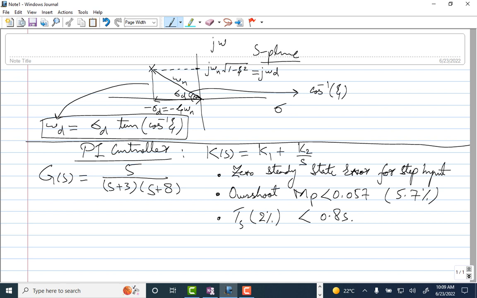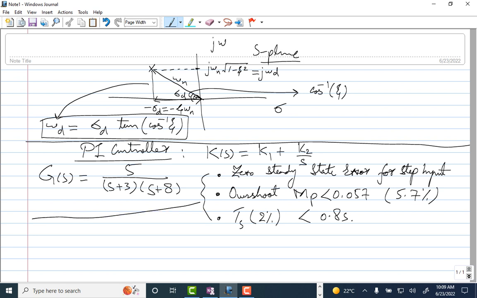Now, first of all, we have to find a desired point where we want to put our root locus, or our closed loop pole. For that reason we use these specifications.